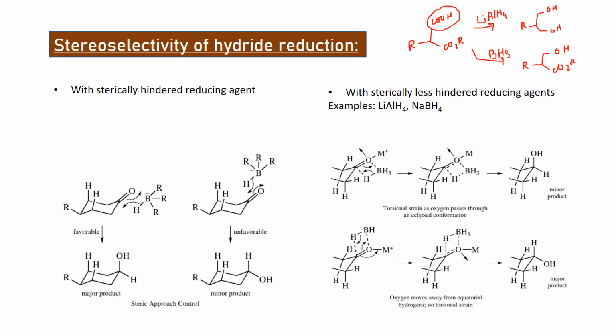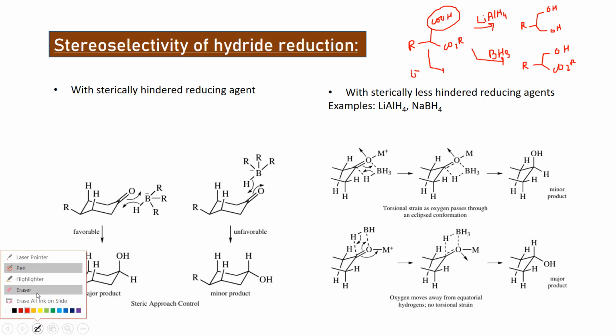Now if you similarly want to reduce this ester group selectively, you have to use a weaker reducing agent than LiAlH4. If you add LiAlH4, both of them will be reduced. So you have to add a slightly weaker reducing agent. Instead of NaBH4, we can use LiBH4.